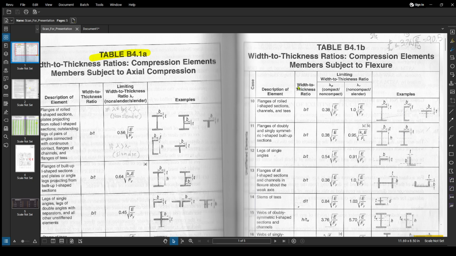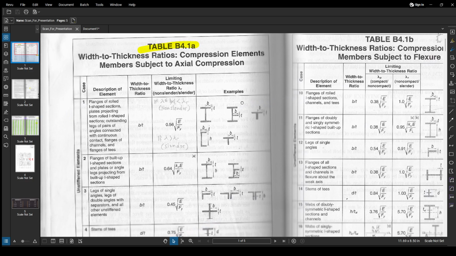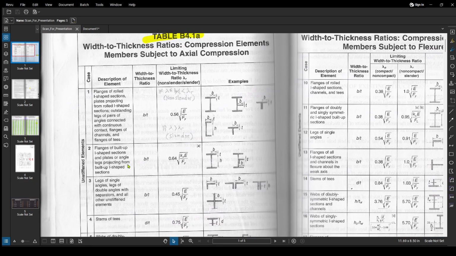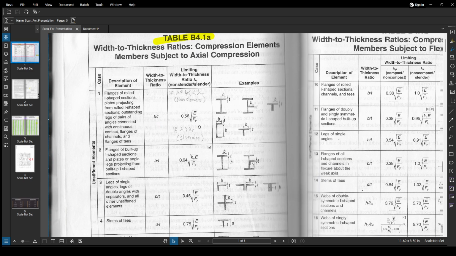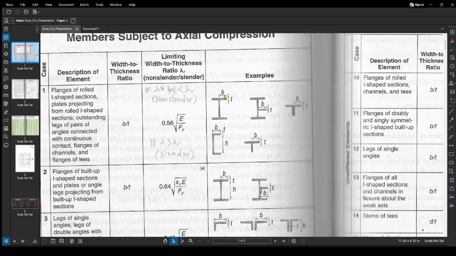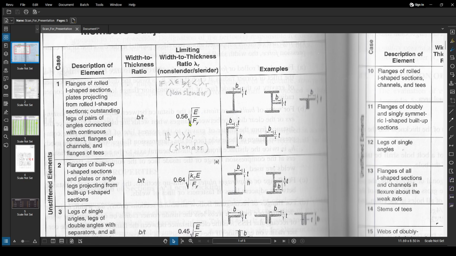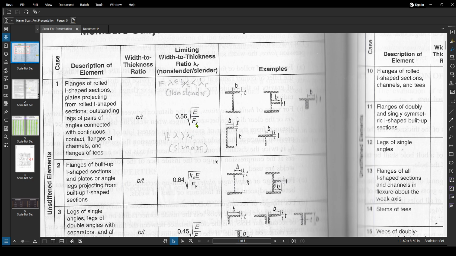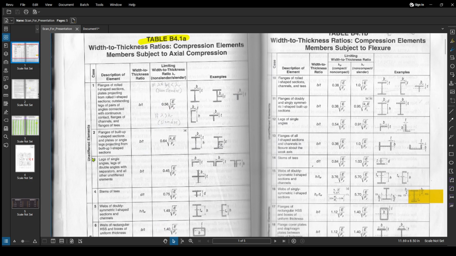We don't have to confuse this with that one, because that one is for bending. In our case, for the column's unstiffened elements, we have the condition for the width to thickness ratio b/t, which should not be greater than the limiting width to thickness ratio for slenderness, which is 0.56 square root of E over Fy. This is for the flanges, an unstiffened element.